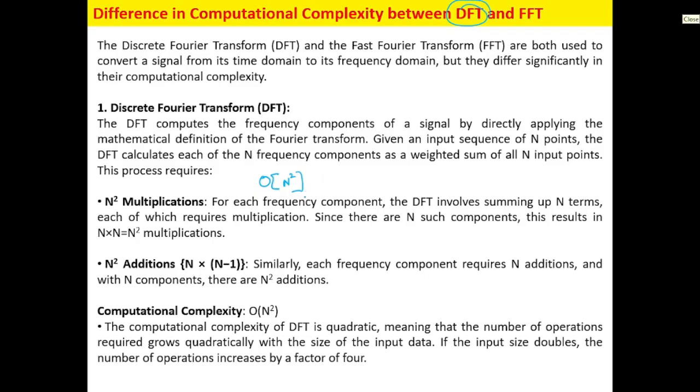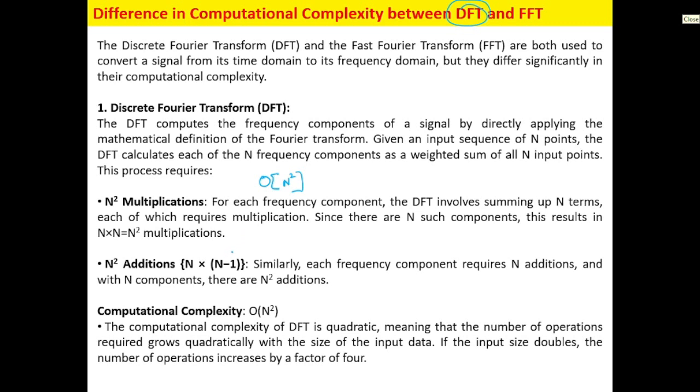This gives you an idea of the computational time. The higher this value, the higher the computational time. So if N is 2, big O of 4, the computational time will be 4.